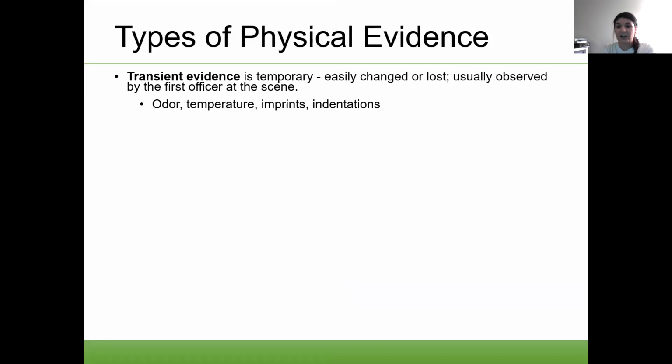If there are tire imprints or shoe prints on the ground that aren't very deep and it starts to rain and the ground becomes muddy and you lose the imprint, that might be transient evidence. Or if there is a footprint in snow and the snow melts, then it was temporary transient evidence.